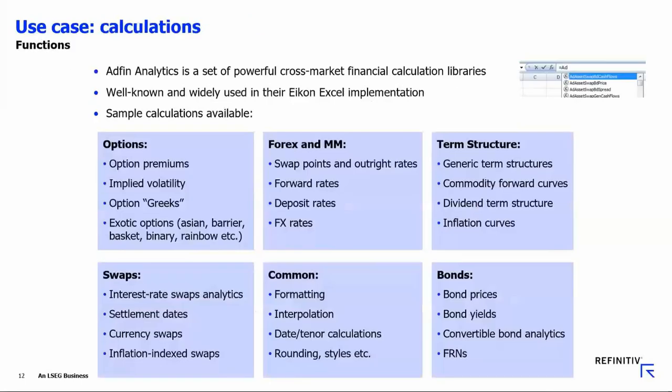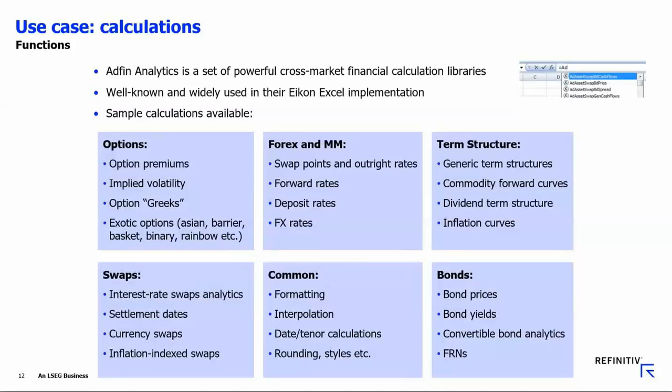So the following use case is calculations. As Brad mentioned, ATS is integrated with the Adfin++ library, the official Refinitiv financial analytics library. This helps users to centralize their calculation within the ATS in the same way as the other built-in functions, and you can call them via the ATS user interface. These functions are also available in Eikon Excel and are embedded within the Eikon calculators.